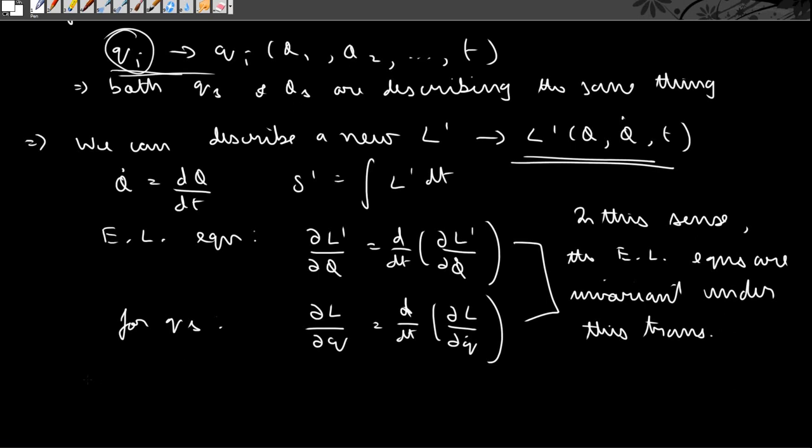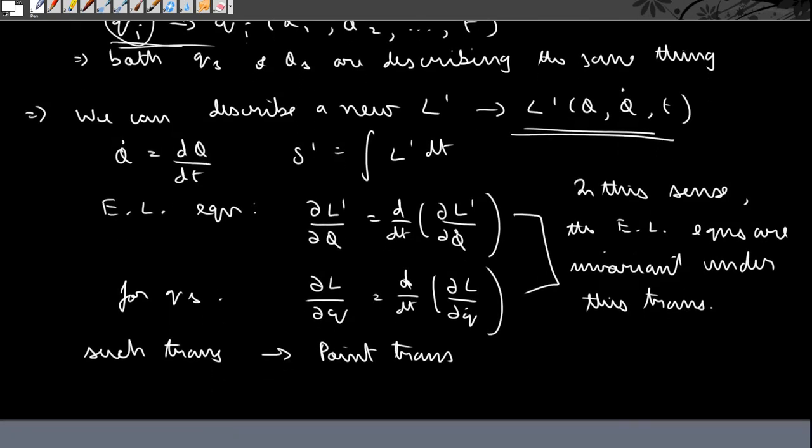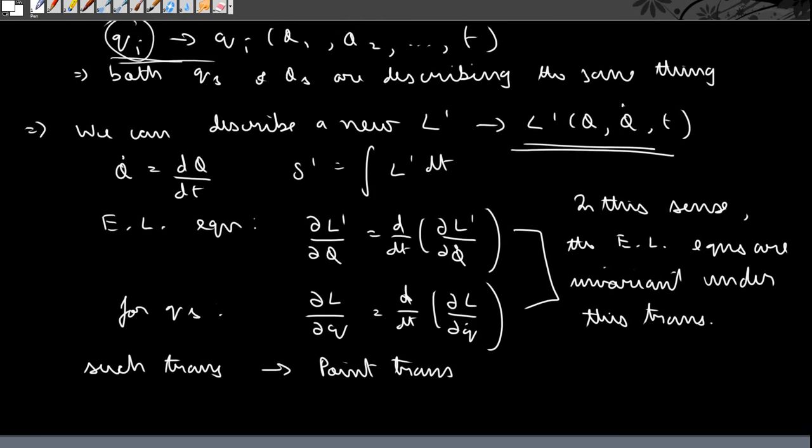Such transformations are called point transformations, which are a special subclass of some broader kind of transformations called canonical transformations, which we are going to see next.